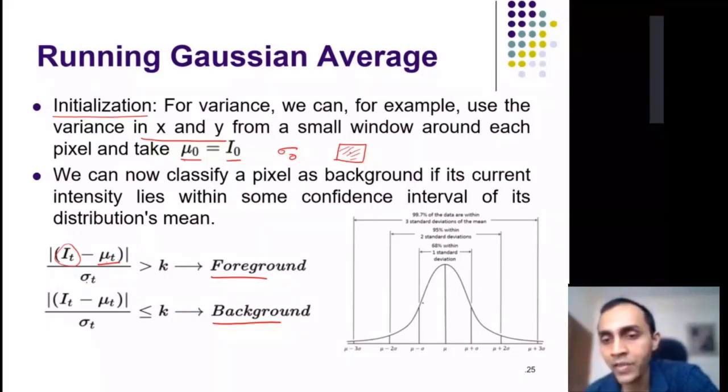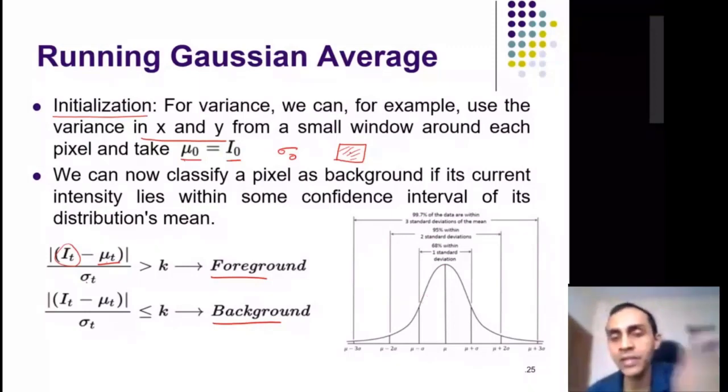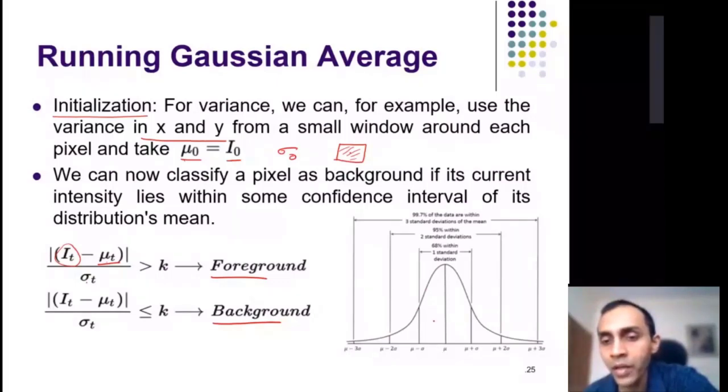For example, if this is your Gaussian, centered around the mean, it can be shown statistically that 68% of our observations will fall within one standard deviation, so within mu plus sigma and mu minus sigma. If you want to incorporate 95% of our observations, you can go up to 2 sigma, and for up to 99.7% of our observations, we can go up to 3 standard deviations from the mean.